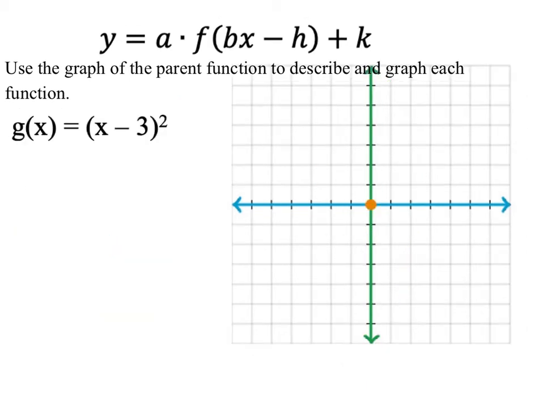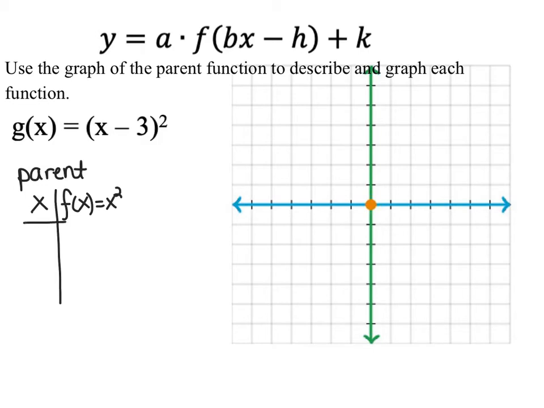So in the next one, I can see that something is happening to my x value. So the parent function here is going to be a quadratic function. So f of x equals x squared.